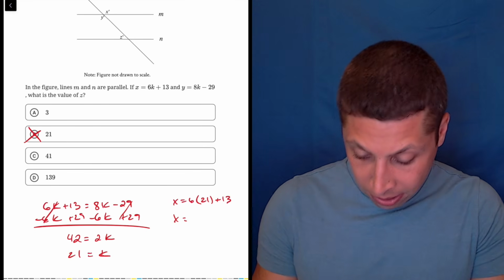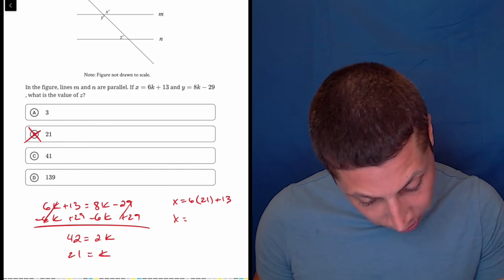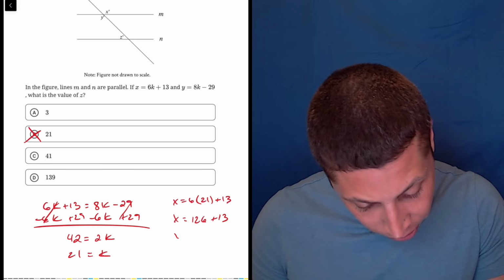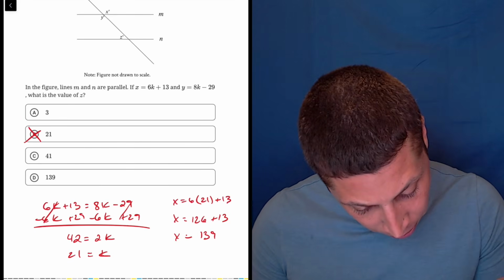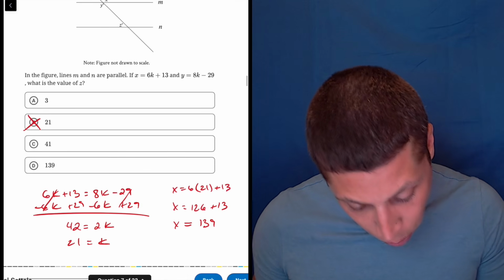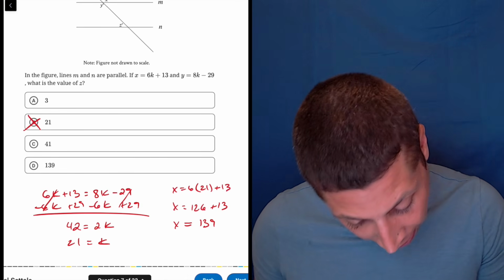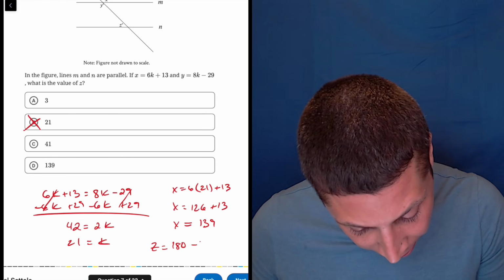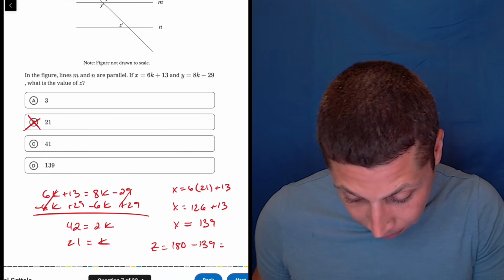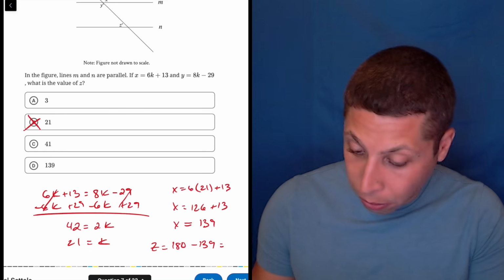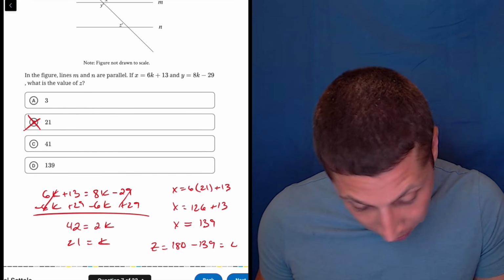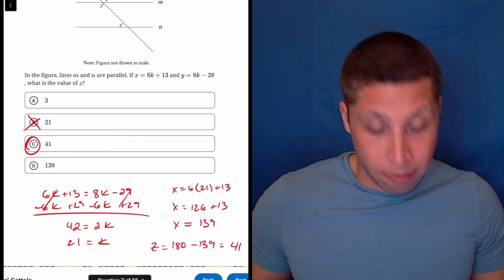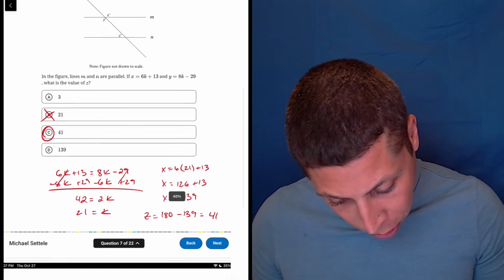So X is 6 times 21 is 126 plus 13 is 139. So Z is supplementary to that. So Z is 180 minus 139. I probably could have just figured this out through estimating, but it does not draw to scale, so maybe not. 180 minus 139 is 41. Choice C. Oof. Careful choice B there, trap.